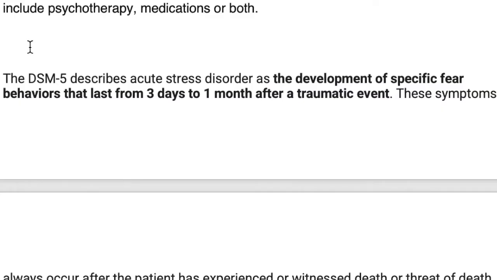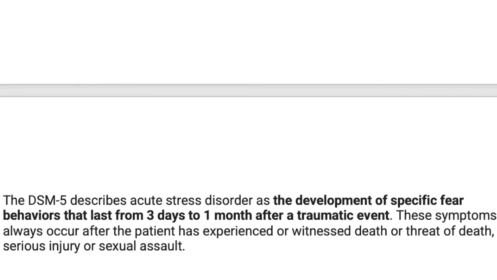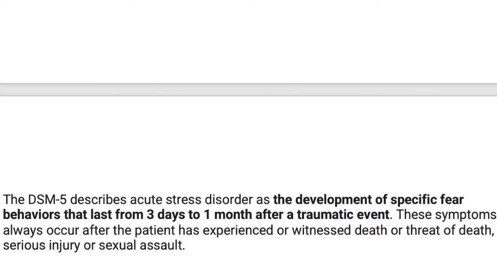And so now we're going to go ahead and get into acute stress disorder, also known as ASD. So the DSM-5 describes acute stress disorder as the development of specific fear behaviors that last from 3 days to 1 month after a traumatic event.